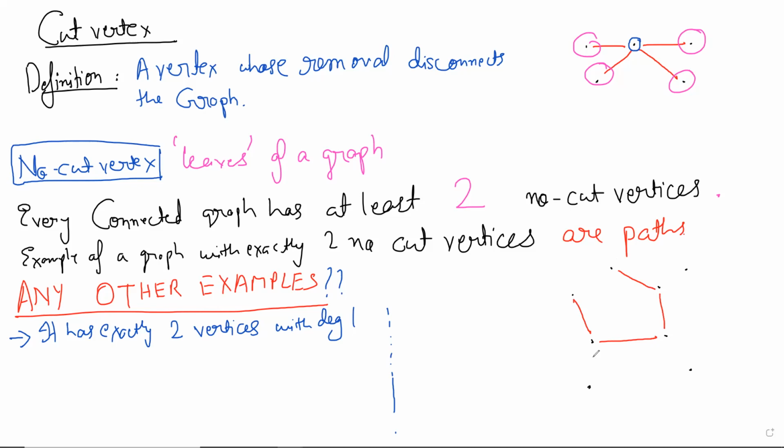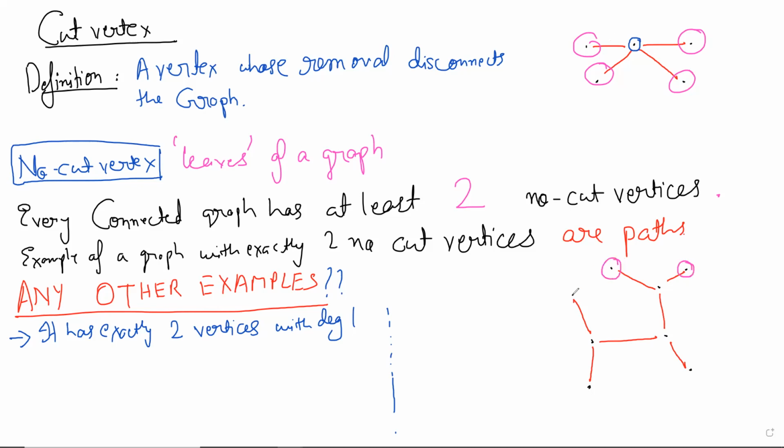No, no, no. Okay, let's see. There will be vertices which are cut vertices maybe, but that is not the point. The point is how many vertices are there which are no cut? There are many. This is no cut.